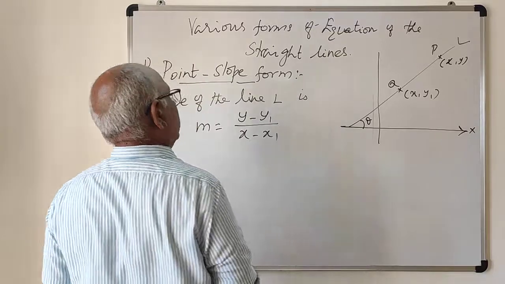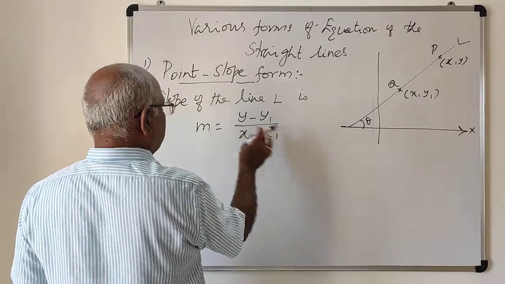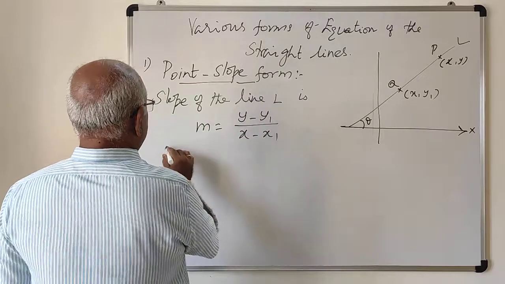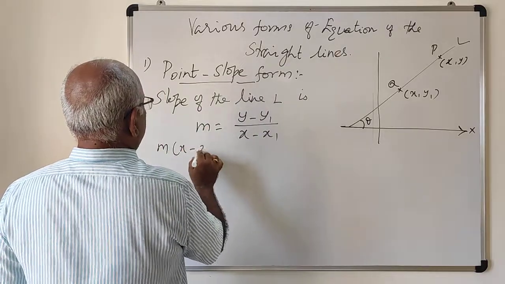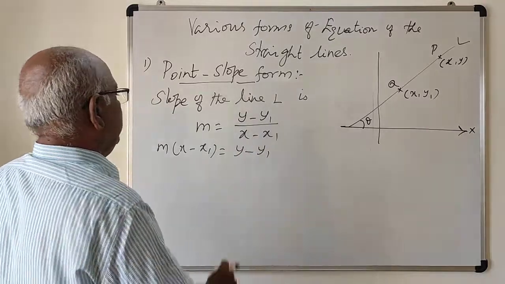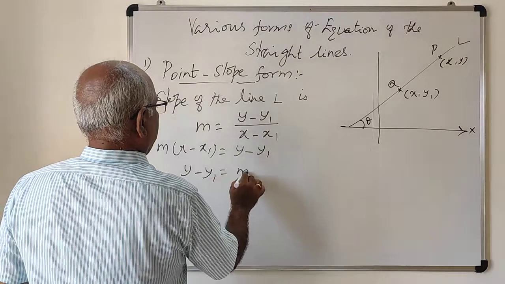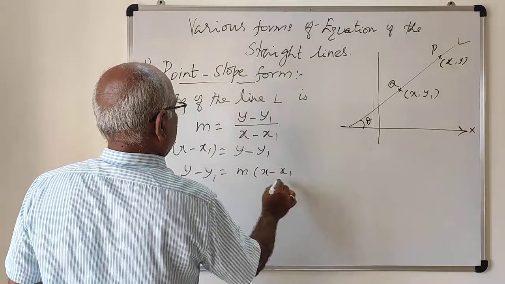This is the slope of the line L. On cross multiplication, it is m into (x minus x1) equal to (y minus y1). We rewrite this equation as y minus y1 equal to m into (x minus x1).